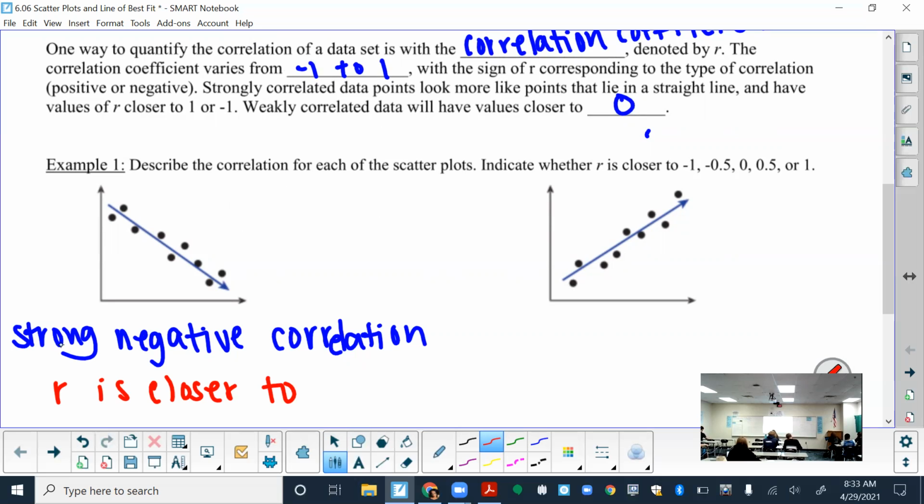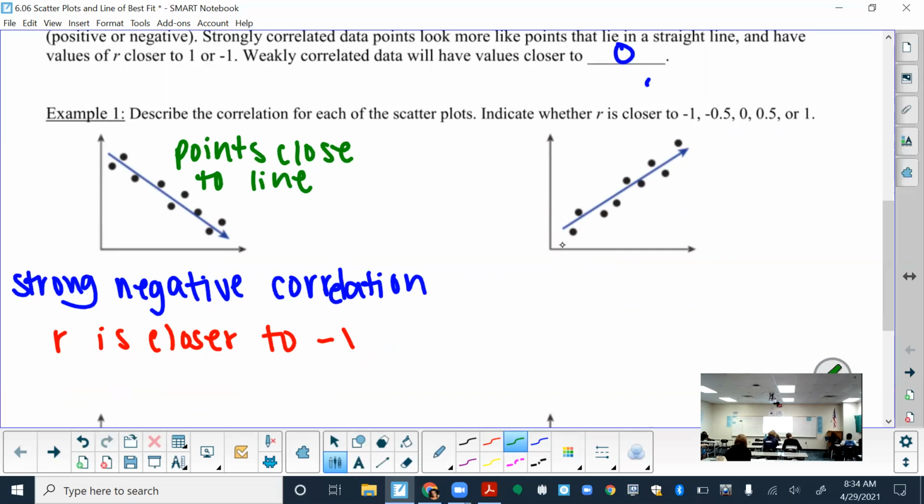And since it's a strong one, would it be closer to 0 or -1? -1. All right, so it's a strong negative correlation because the points are close to the line and it's going downwards. So the R value would be closer to -1.